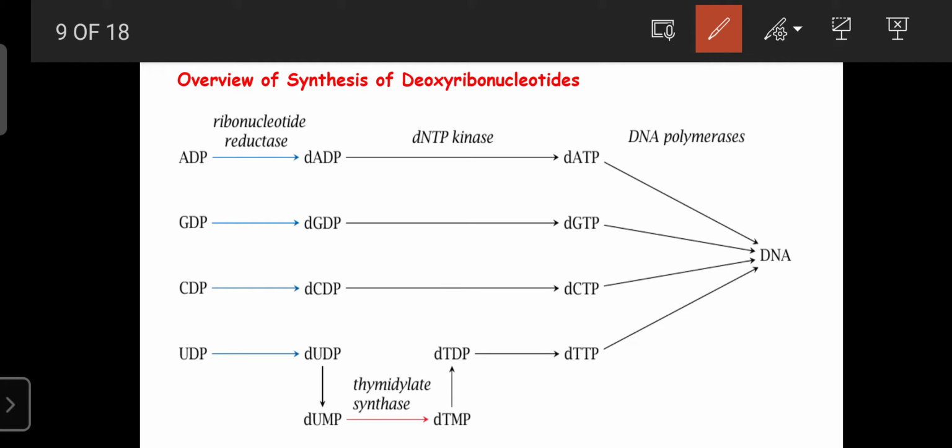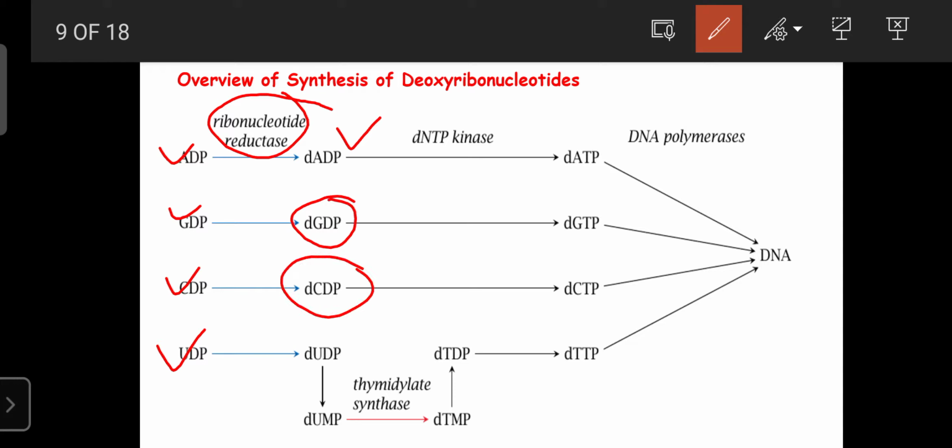So these are the ribonucleotides: adenine diphosphate, guanine diphosphate, cytosine diphosphate, then uracil diphosphate. The enzyme ribonucleotide reductase can convert ADP into dADP, deoxyadenine diphosphate, then GDP into dGDP, then CDP into dCDP, then UDP, the uracil diphosphate, is converted into deoxyuridine diphosphate by the same enzyme.